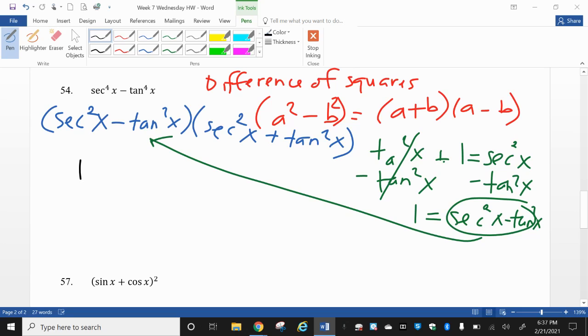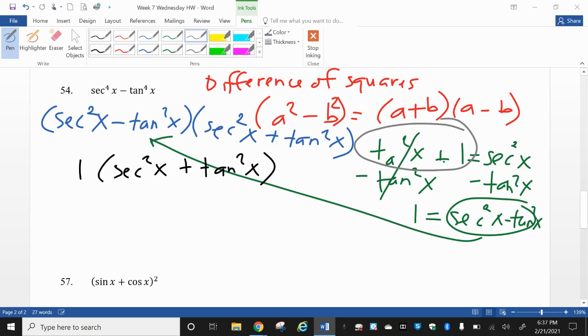And then we'll still have the other one, which was secant squared of x plus tangent squared of x, which looks like it might be a Pythagorean identity, but not quite the way it is. Okay, let's go back and look at this. All this is equal to secant squared of x. So we're going to plug all of this, where we see secant squared of x, into the original one. So we're going to have tangent squared of x plus 1.